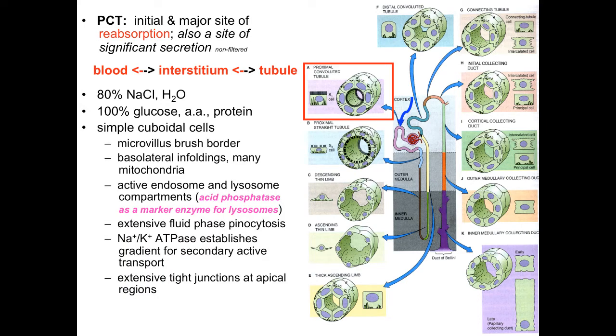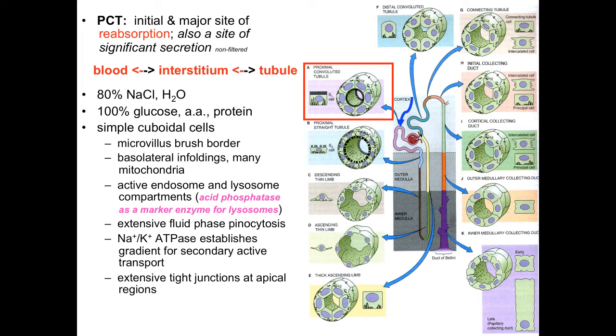These are simple cuboidal cells with an extensive microvillous brush border, basolateral infoldings in these cells with many mitochondria. They have an active endosomal and lysosomal compartment, and you might remember that acid phosphatase is a marker enzyme for lysosomes, and so you might expect, if you were doing cytochemical stains for different cells in the kidney tubules, the proximal convoluted tubule cells would stain more intently for acid phosphatase.